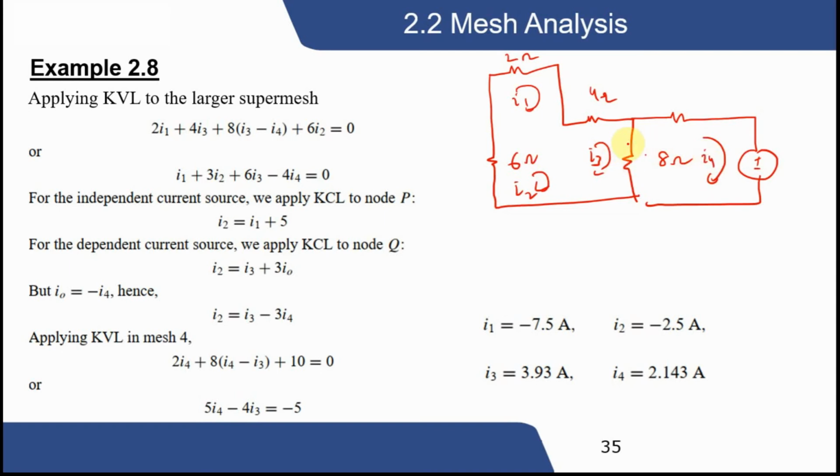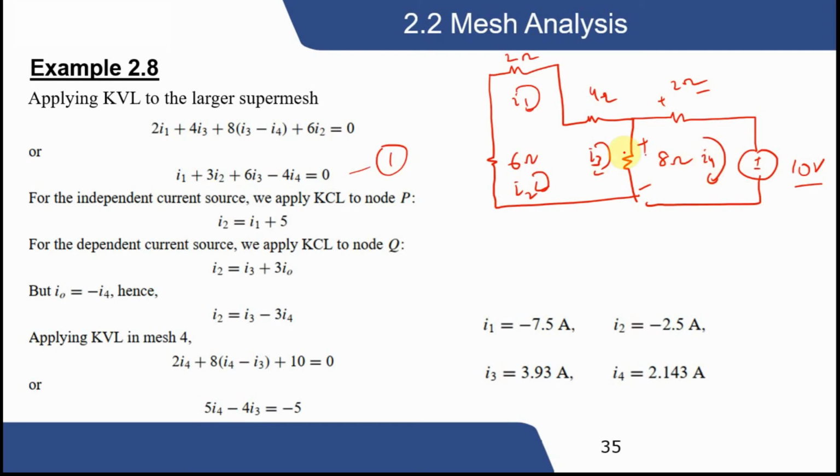We will take the direction of I3. So we have (I3 minus I4) into 8. So we have this equation. We have 4 variables now, 4 loops, 4 variables: I1, I2, I3 and I4. The first step, we take the loop. Another loop, we have another mesh here. This is 10 volts.